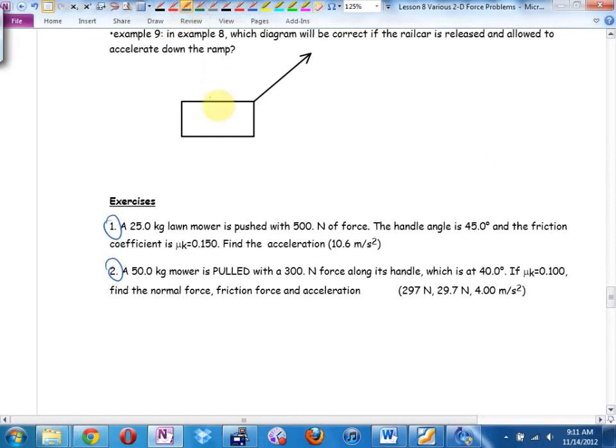Straight down, thankfully. I like that. What else? Oh, it says pushed with 500. Yeah, number 2, pulled, right? I'm doing number 2. Pulled with 300 newtons of force along its handle, which is at 40 degrees. Okay, mg, this is 300 newtons. Here's our applied force.